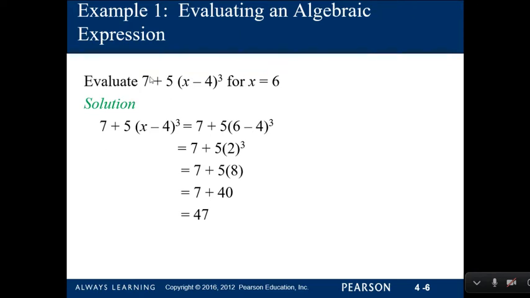But notice once we put 6 in there, now it's just an order of operations. I can put this directly into one of these calculators I have provided, either the graphing one or the other calculator that you have there.